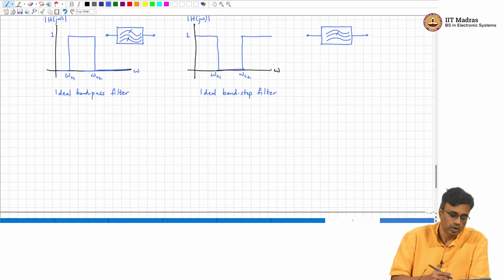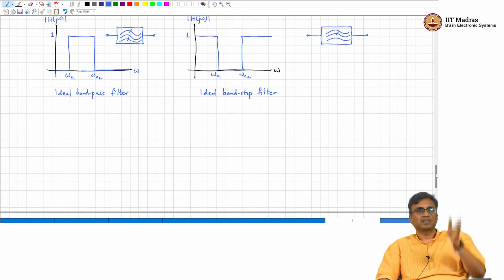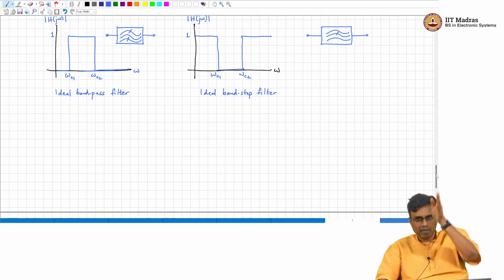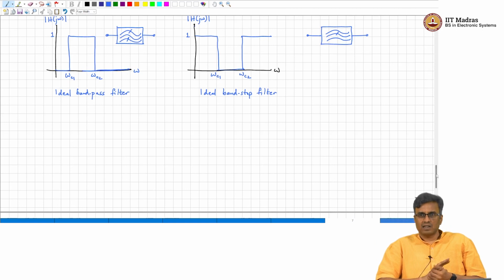Okay. So, of course, in reality, these have abrupt changes in the magnitude response at the band edges, right? Whether it's a low pass or high pass or whatever, the cutoff is abrupt. In reality, such an abrupt cutoff cannot be realized with physical components, so in practice, only an approximation is possible.